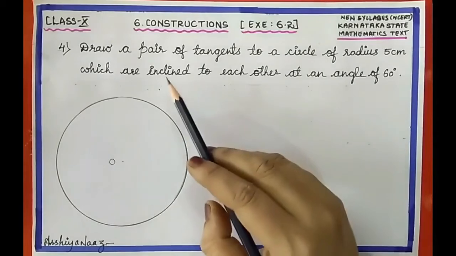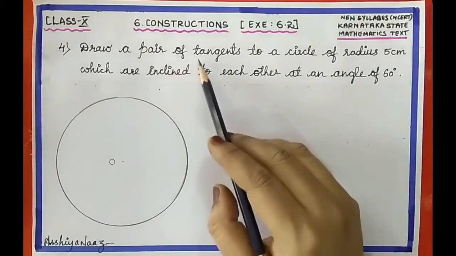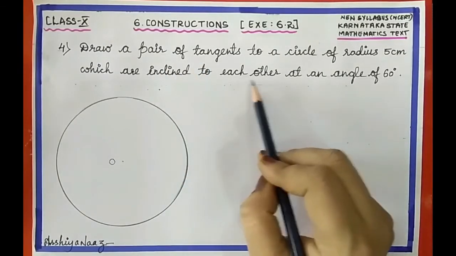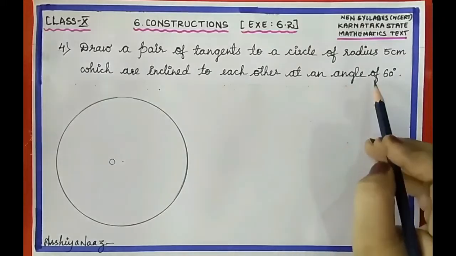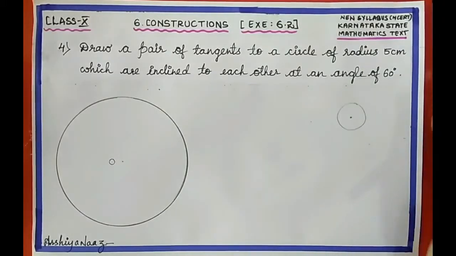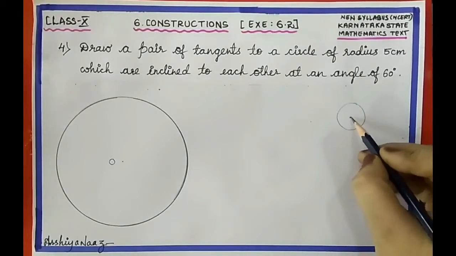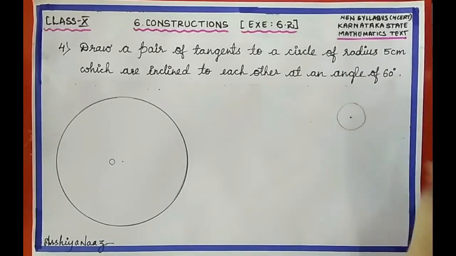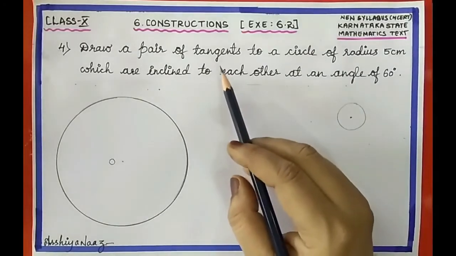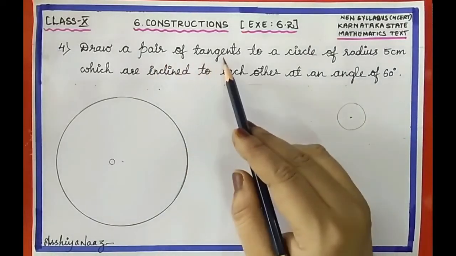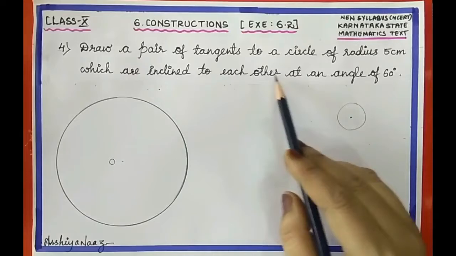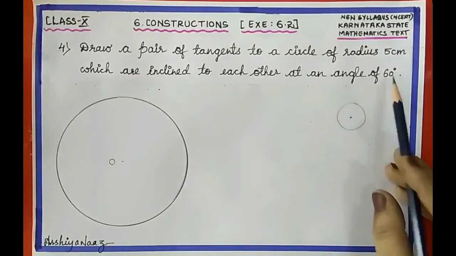Now here in the question it is given that the tangents are inclined to each other at an angle of 60 degree. So roughly first I will explain you. Let this be a circle of radius 5 cm, and we have to construct a pair of tangents which are inclined to each other at an angle of 60 degree.